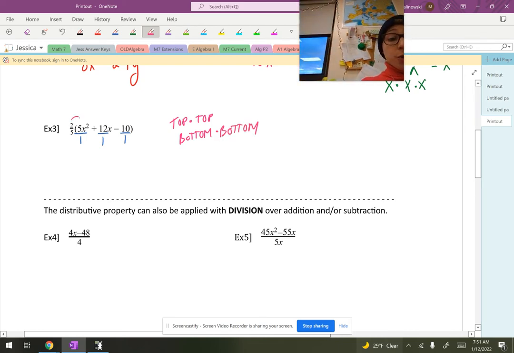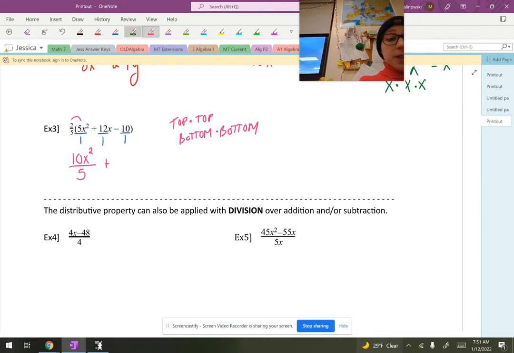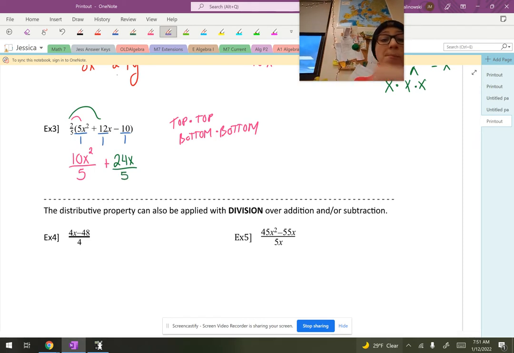So 2 times 5x squared on the top is going to give me 10x squared, and 5 on the bottom. Next piece, 2 times 12x is 24x on the top, 5 times 1 on the bottom. 2 times -10 is -20, 5 times 1 on the bottom.